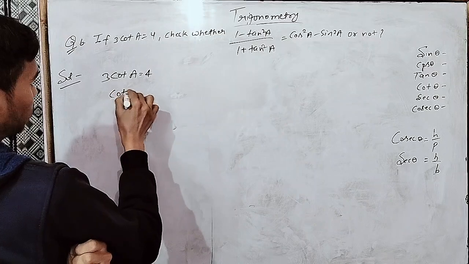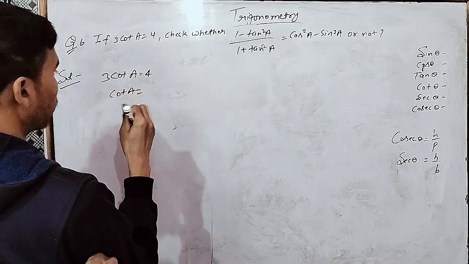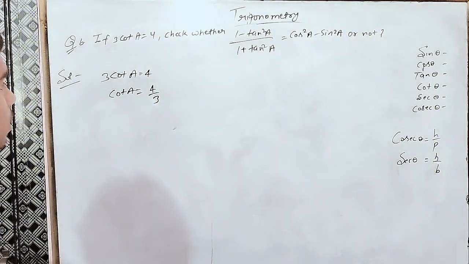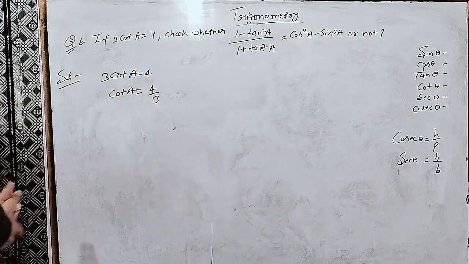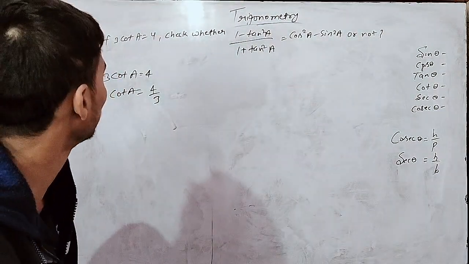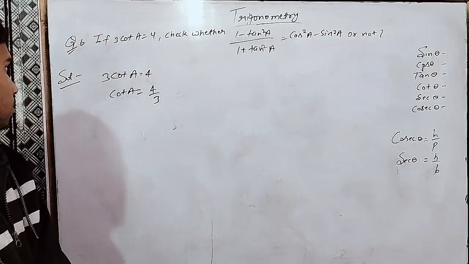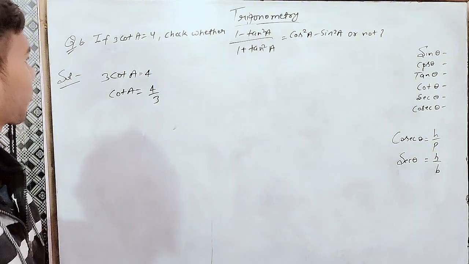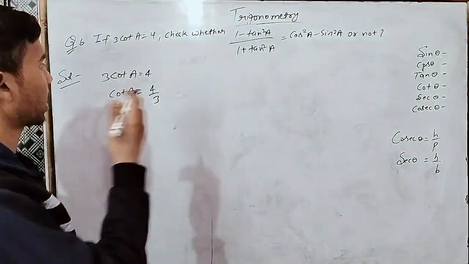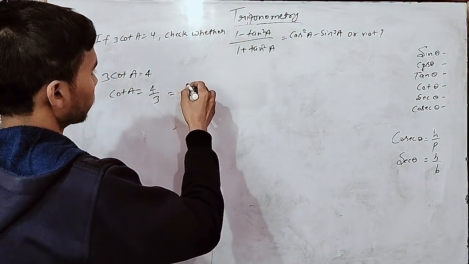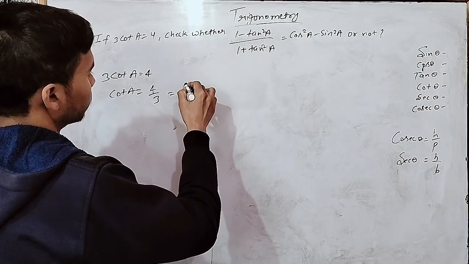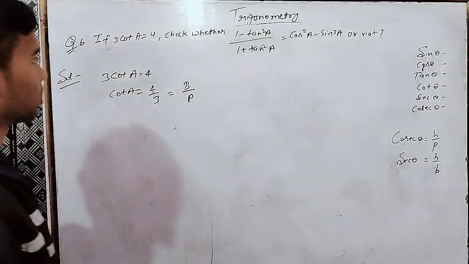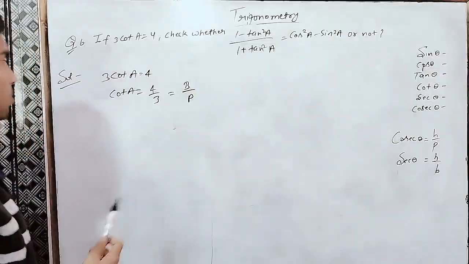So cot A will become 4 by 3, because 3 is in multiplication, but across the equation it goes to division. 4 upon 3, cot A is 4 upon 3. We know that cot A is B by P.